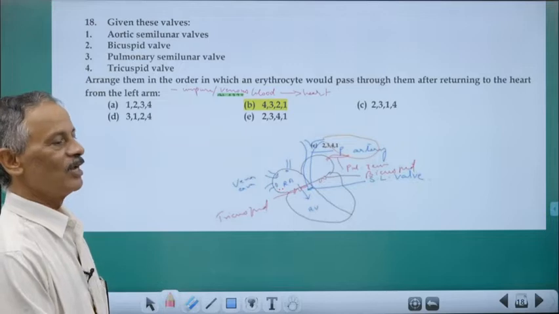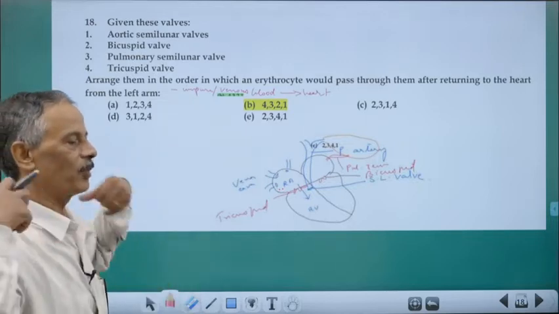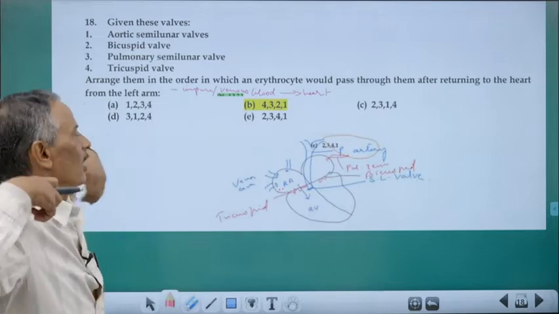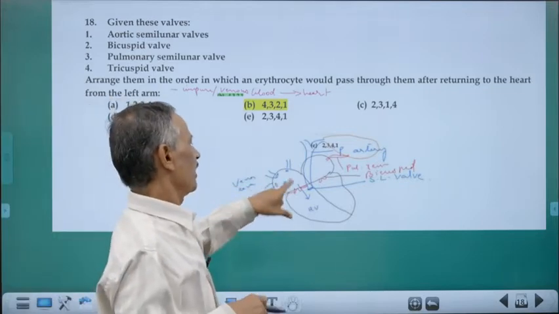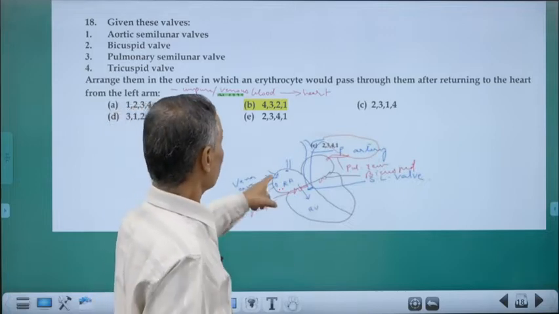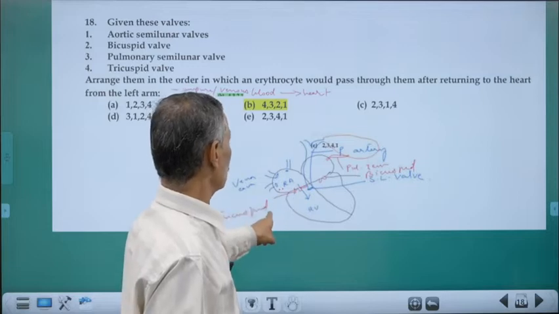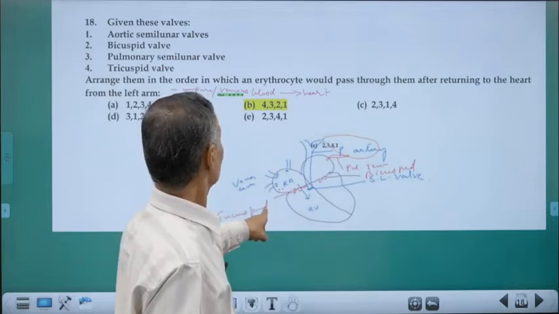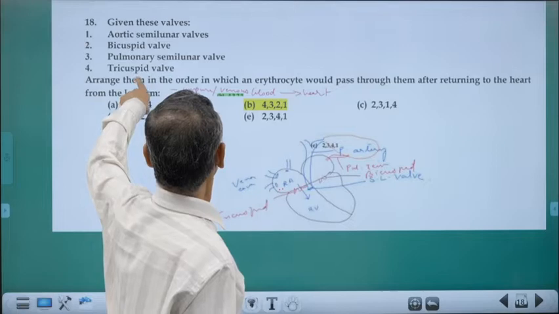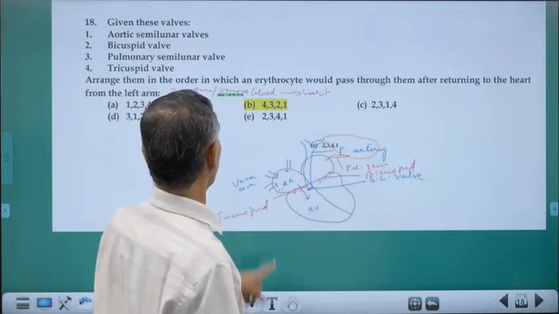You are having the superior vena cava, right and left, bringing blood from the arms, but they all open to the right atrium. Don't worry about that. From the right atrium, that impure blood will be reaching the right ventricle, passing through the tricuspid valve. So first you should have the tricuspid valve. Immediately we came to the answer because 4 should be the first one.